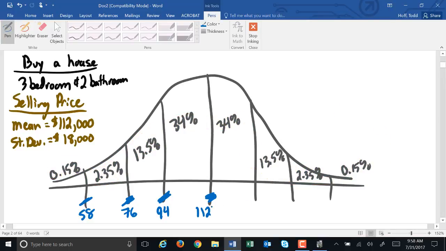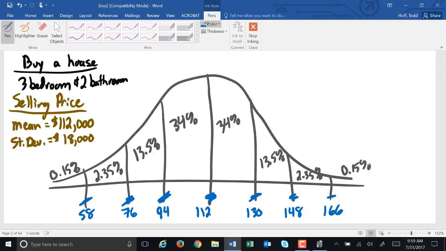Now going up to the right above the mean, what's this next number going to be? 130. Yep. The 112 plus 18. This one's going to be 148, and this one, 166.